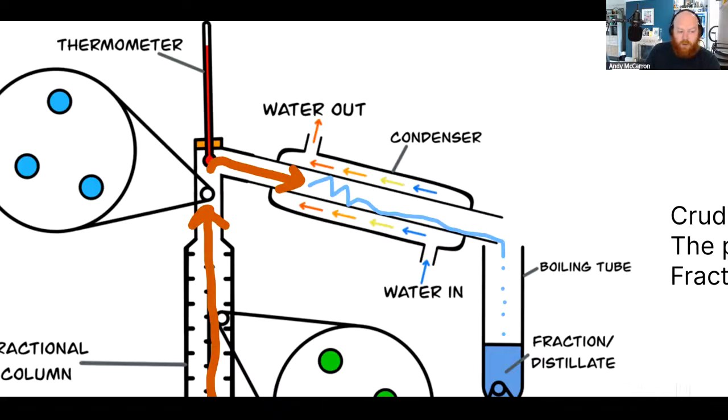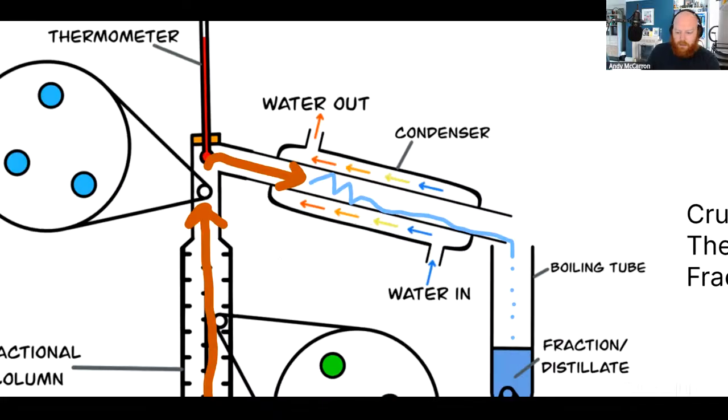If it was the other way round and the cold water came in the top and went out the bottom, it would actually be less effective because all the heat would remain in it until it came out the bottom. And by doing it this way, we get rid of that heat straight away. And that's actually a really important thing, and they love again to ask questions about it.